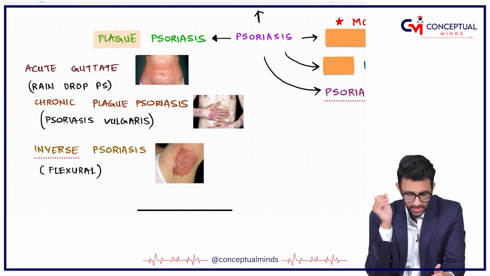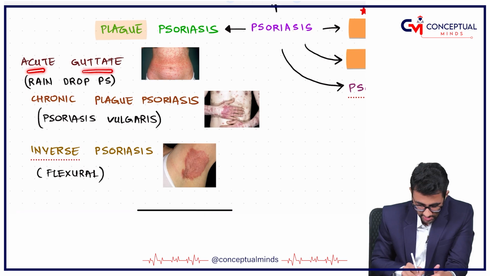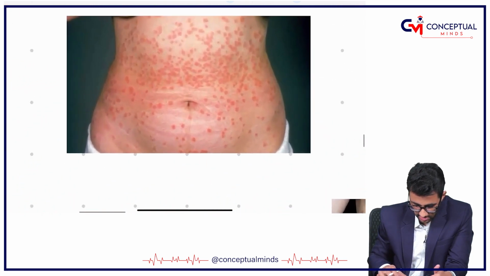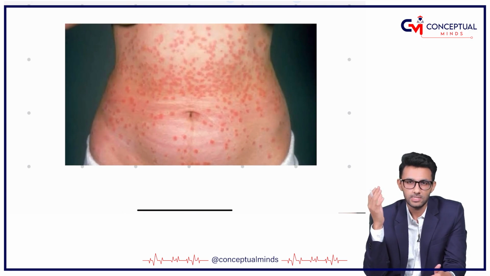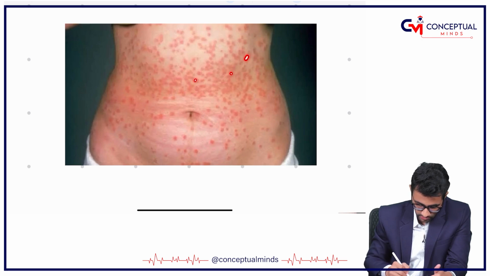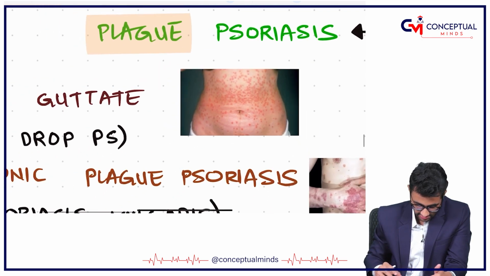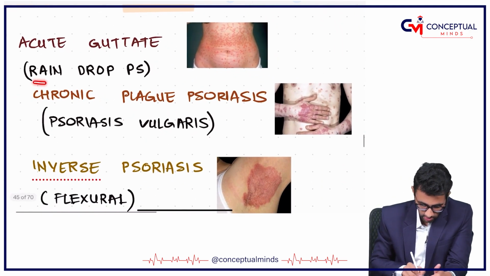And in this one what do we have? The acute guttate psoriasis. Over here, as you can see, the lesions are almost like raindrops on the body. So many different lesions are there, and this is acute guttate psoriasis, the raindrop lesions.